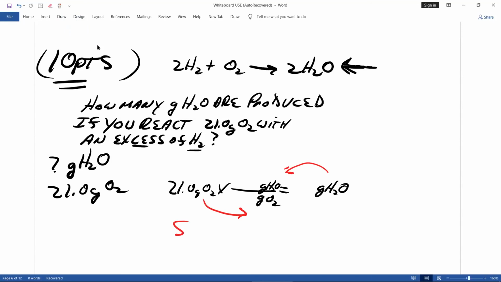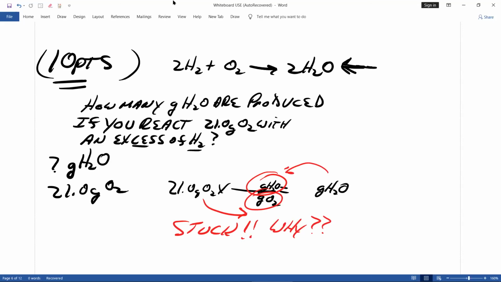And now I'm stuck. Why? Because there's nowhere to be found a ratio of grams of water to grams of oxygen. You can't find it because it doesn't exist in one step.